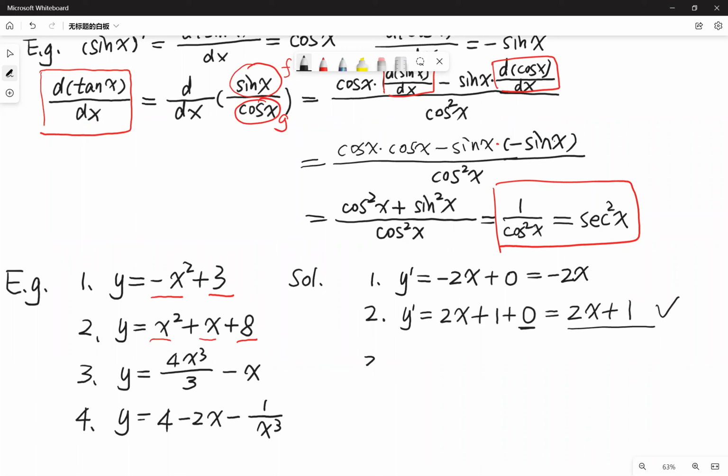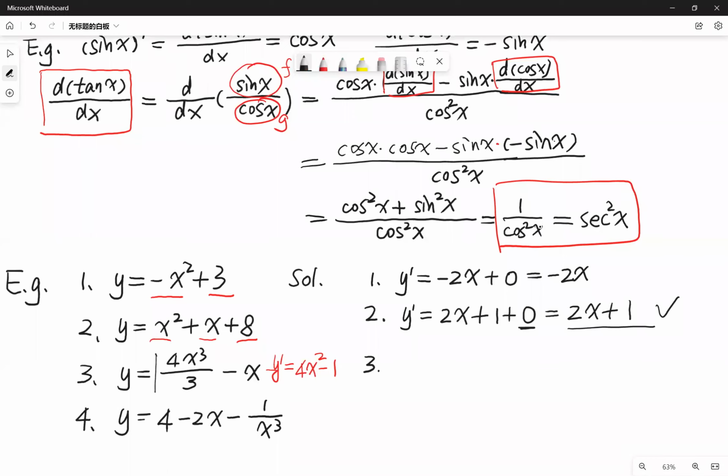And the third one. It's 4x to the power 2 minus 1. Here we also calculate the derivative part by part.